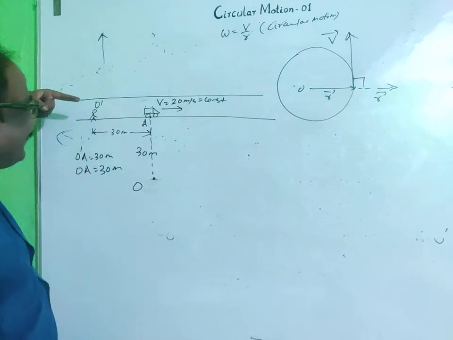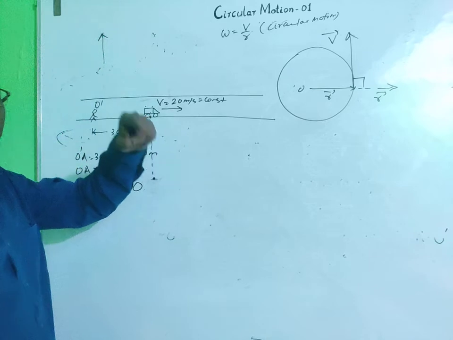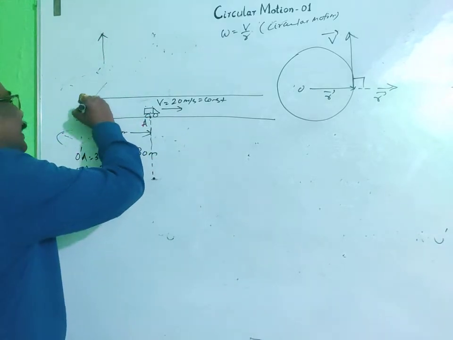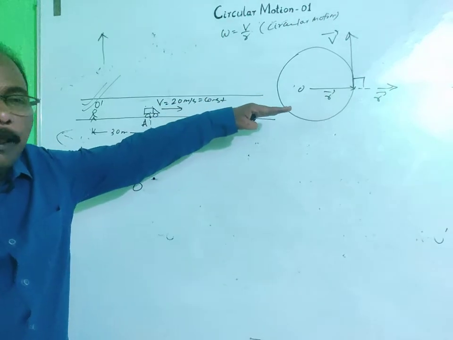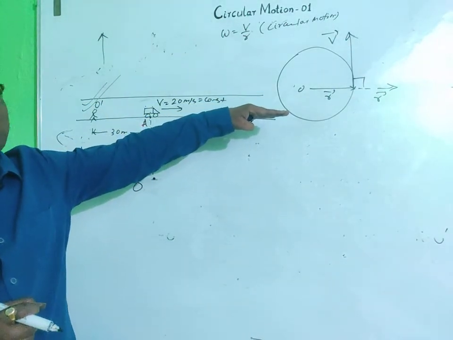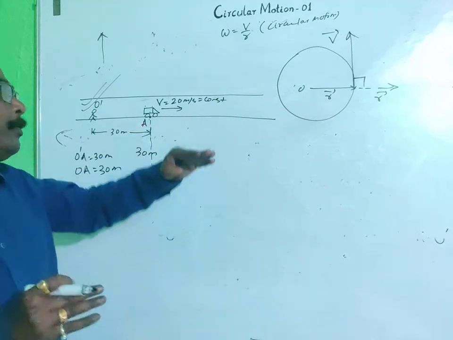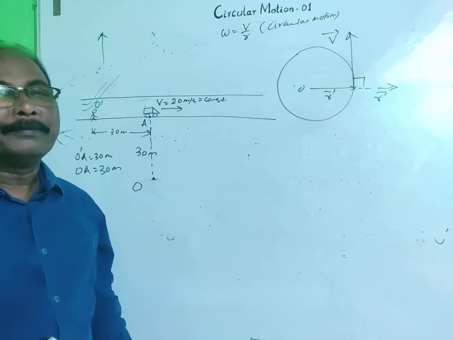So the vehicle moves in a straight line. What does observer O dash observe? Observer O dash observes that the vehicle has only a linear velocity, or only linear speed, that is 20 meter per second.